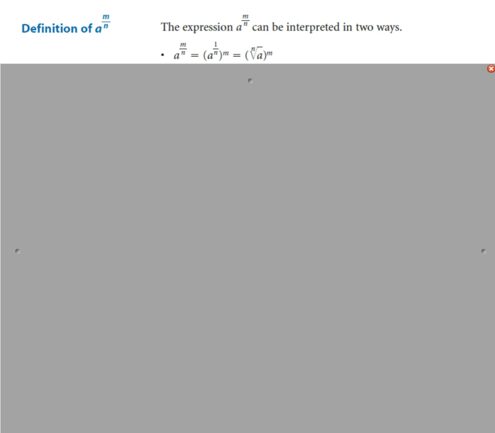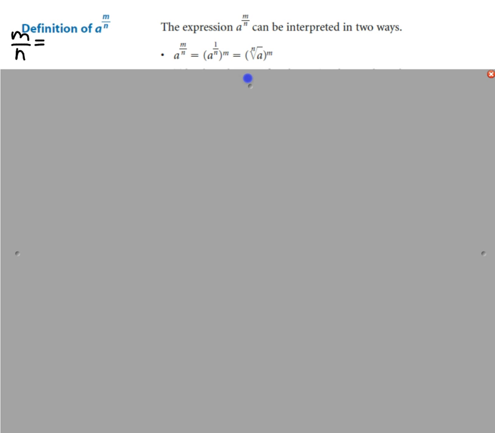The definition of the power a to the m over n, we can interpret two ways. I would just show off to the side that m over n could be written as m times 1 over n.